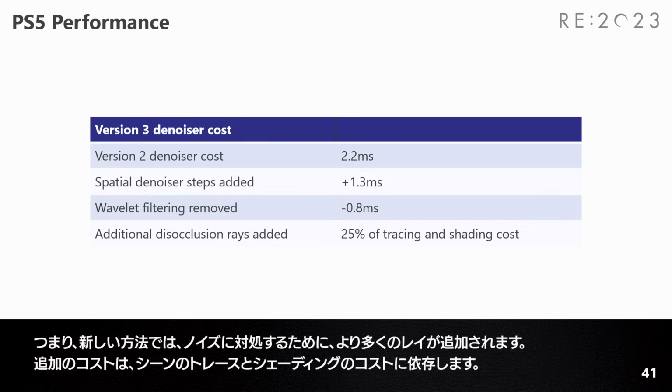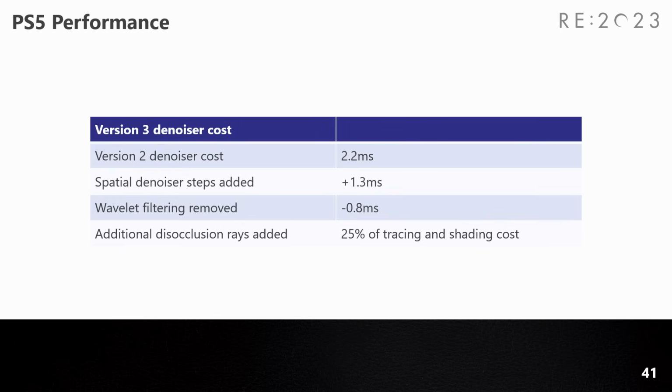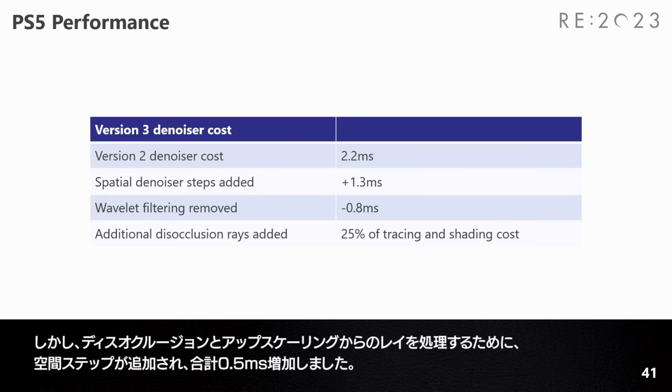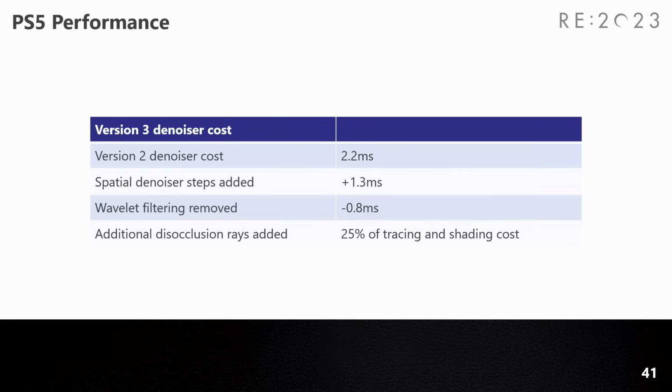Additional costs depend on the tracing and shading cost through the scene. As for the denoiser, disocclusion rays help stabilize it, and the wavelet filtering is no longer needed in the final step. However, for dealing with rays from disocclusion and upscaling, additional spatial steps are added, leading to a total of 0.5 millisecond cost.